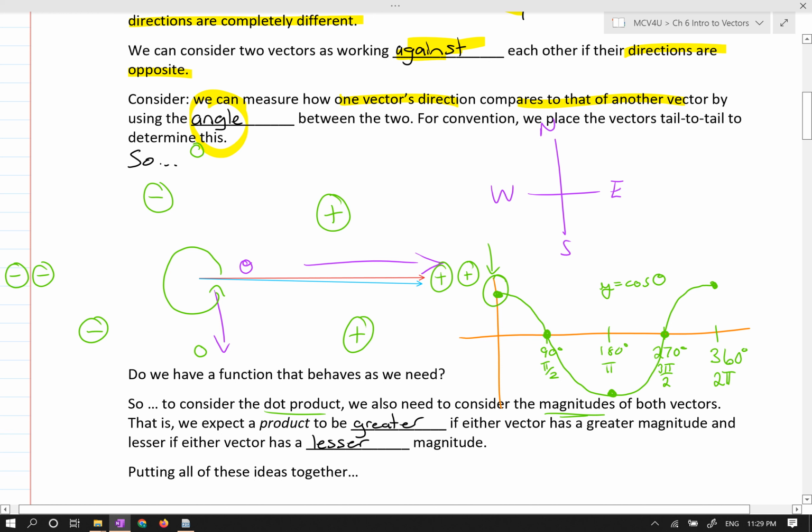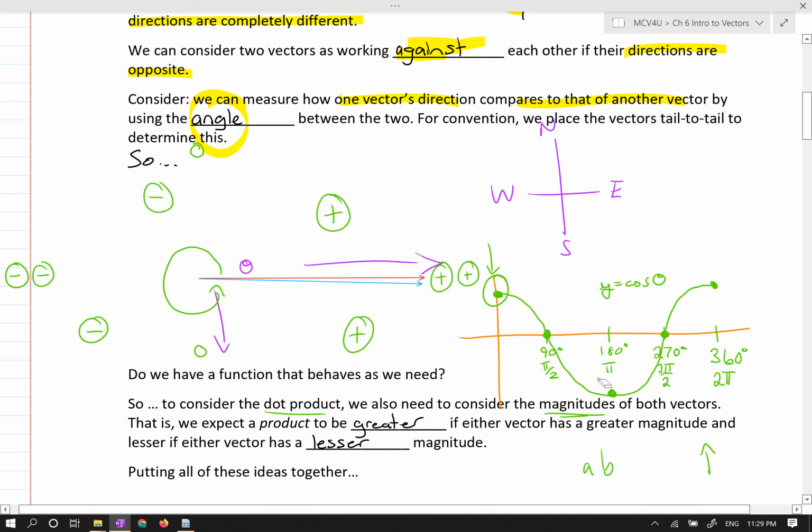So a product with a 0 value is 0. But if we're looking at two values, we'll call them, I don't know, A and B. If A and B are both bigger numbers, then we're expecting a larger product. If A and B are both smaller numbers, then we're expecting a smaller product.